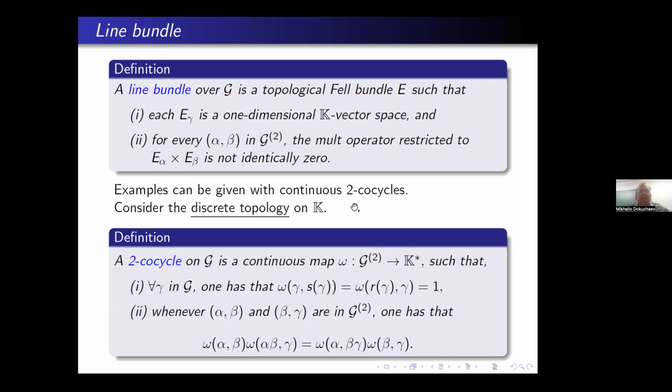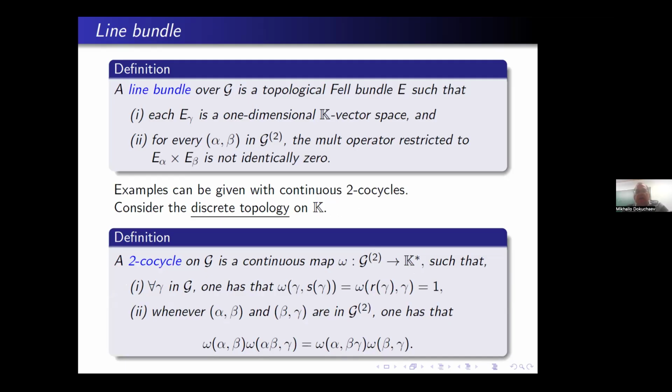Examples of line bundles can be obtained using two-cocycles of groupoids. We will consider the field K, an arbitrary field, and we'll take discrete topology on this field. The definition of two-cocycle is usual: it's a map from the composable pairs of the groupoid into the non-zero elements of the field.